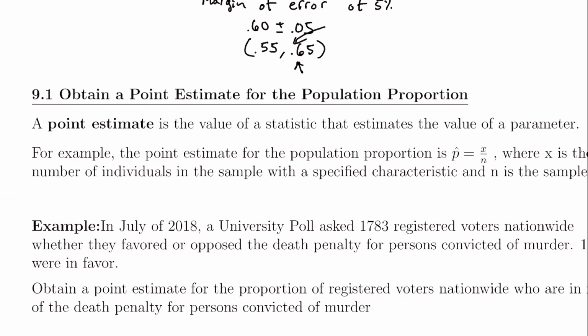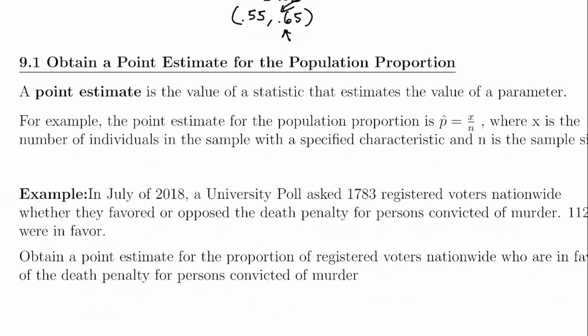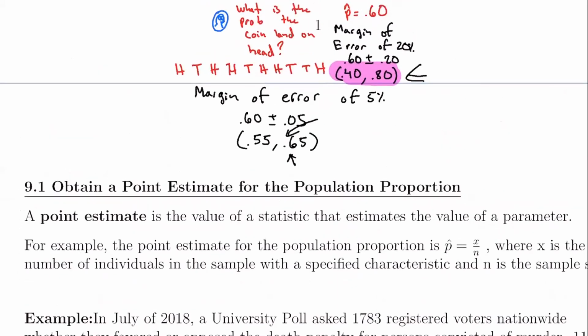For the point of estimate, the definition says a point of estimate is the value of a statistic that estimates the value of a parameter. Think about it with this last problem. I didn't know what the population proportion was, but I was using p hat to help me figure it out.